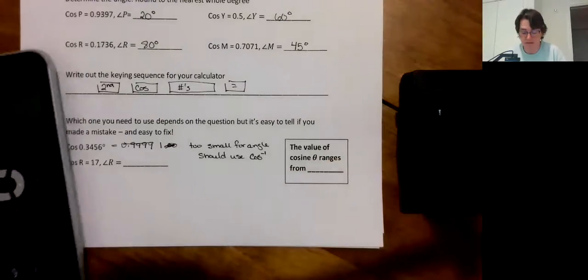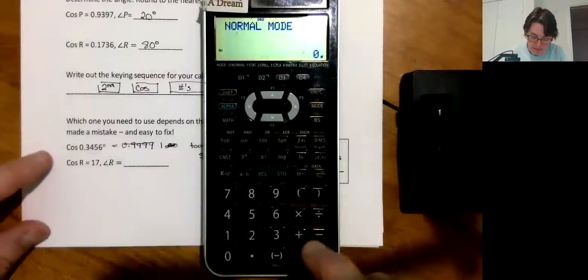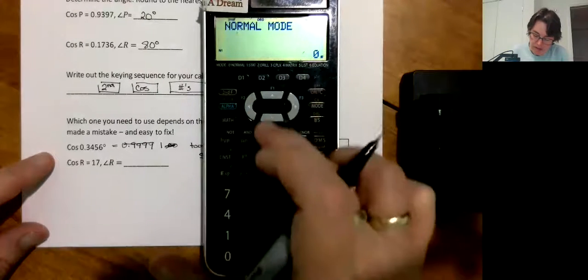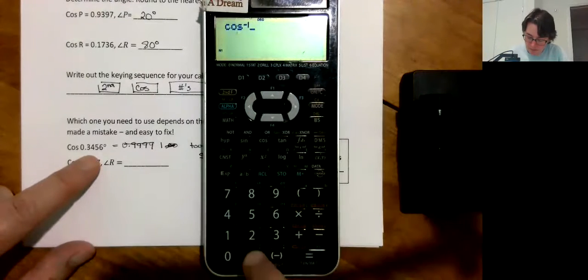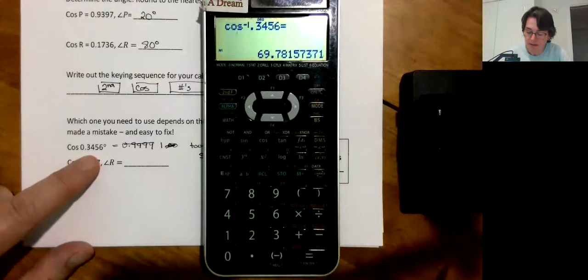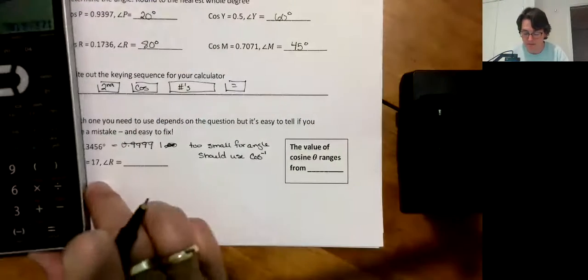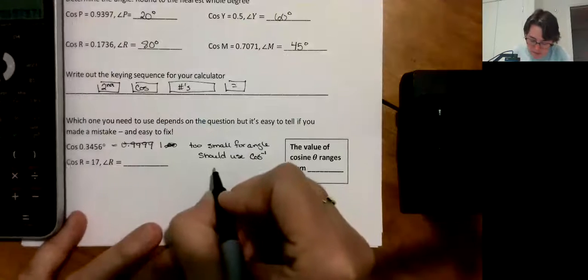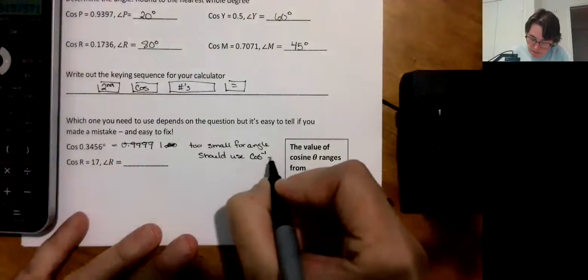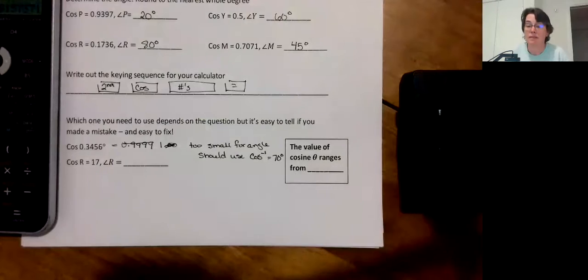And that tells you you should have gone second cos. So if I clear that out, I go second cos 0.3456. Oh, look, I get 70 degrees. So second cos, excuse me, gives a reasonable answer.